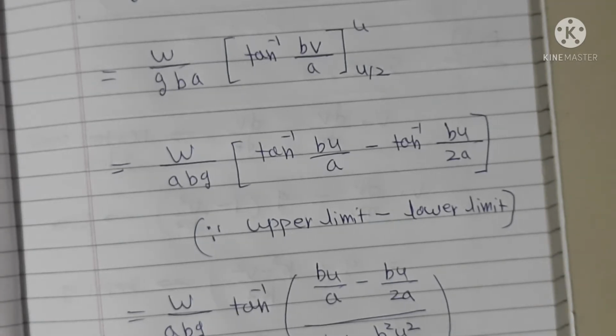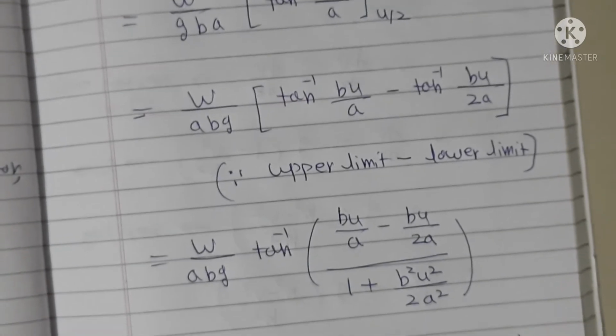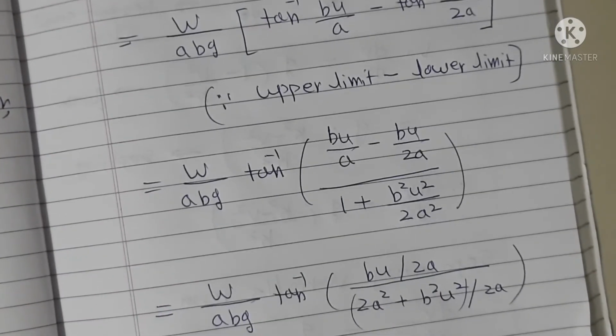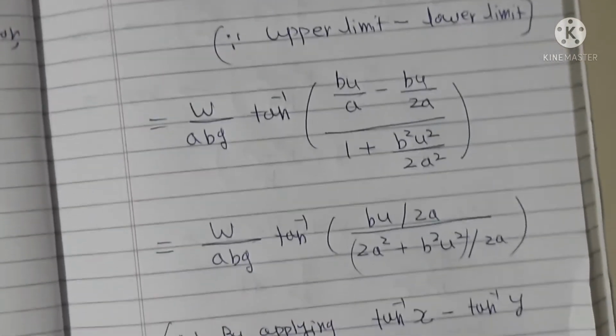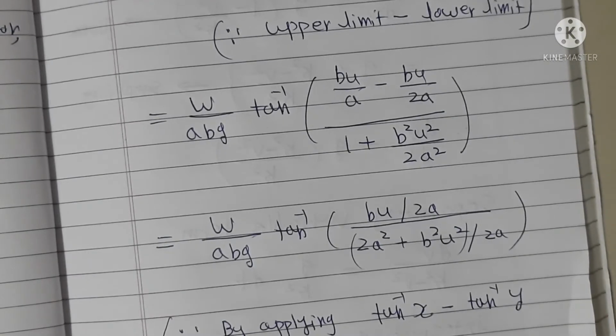After substituting, we get the subtraction of two tan inverse terms, which is equal to W upon abg tan inverse of bu upon a minus bu upon twice a, upon 1 plus b square u square upon 2a square, which is equal to W upon abg tan inverse of bu upon twice a square plus b square u square upon twice a.